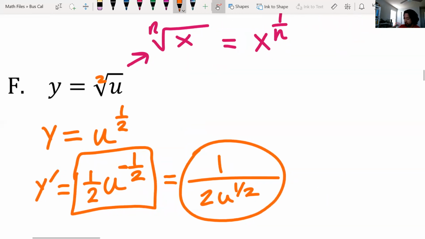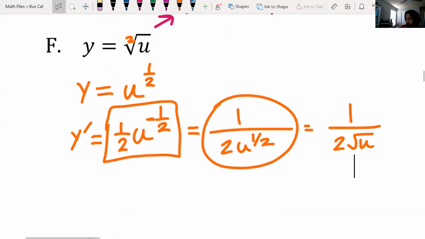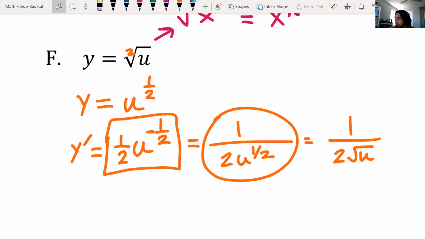There could be one more rewrite if it was being really picky. You can just go ahead and rewrite it as 1 over 2 square root u, if it wanted to be that picky. I don't think so, though. Okay. Any questions on that one?